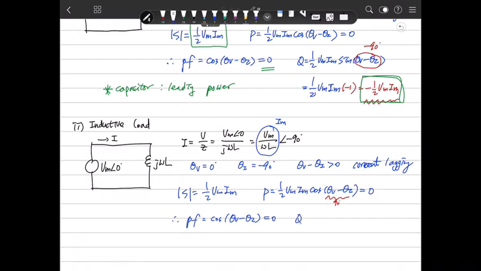But in that case, the reactive power Q is half Vm Im sine of theta V minus theta I. In this case, that value is 90 degrees, so the sine is 1, and there will be half Vm Im. This is the reactive power, and it is positive.